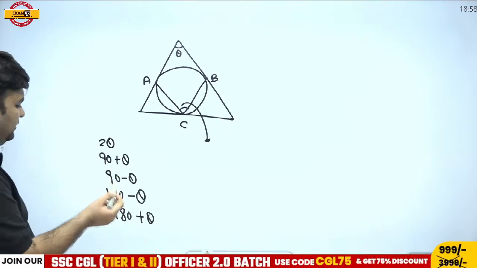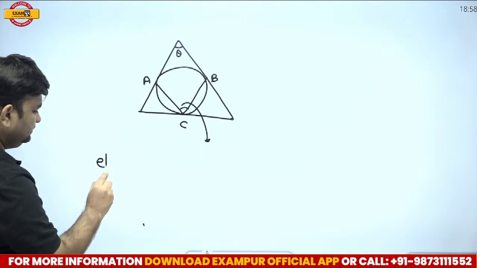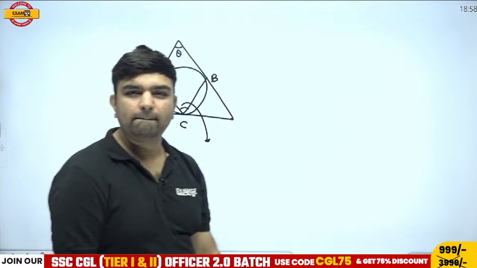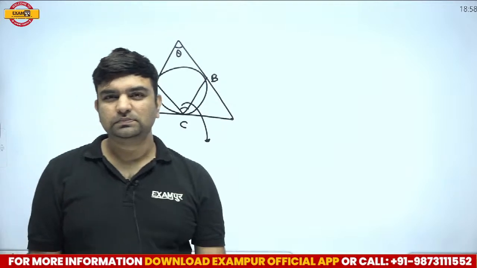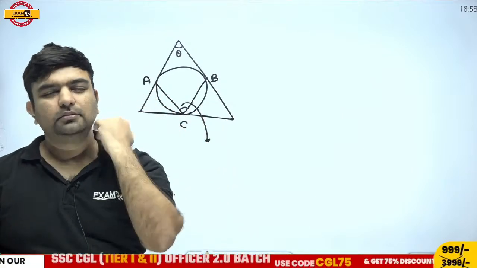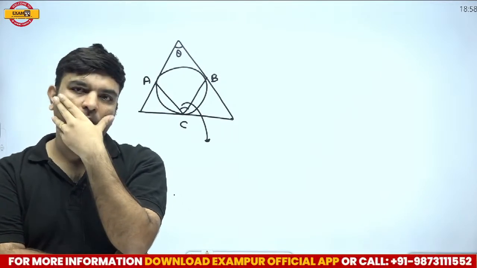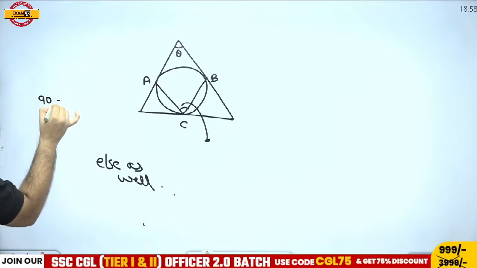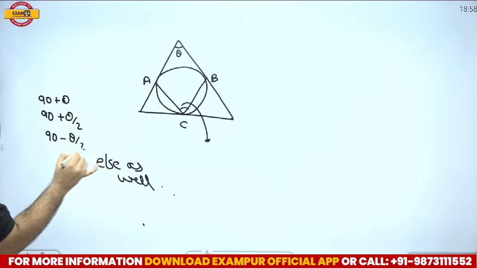Might be something else as well. Like in this form only: 90 plus theta, 90 plus theta by 2, 90 minus theta by 2, 180 plus theta, 180 minus theta by 2.